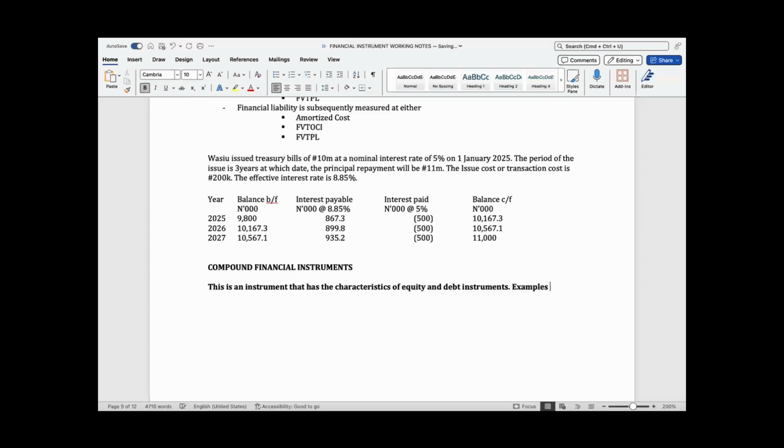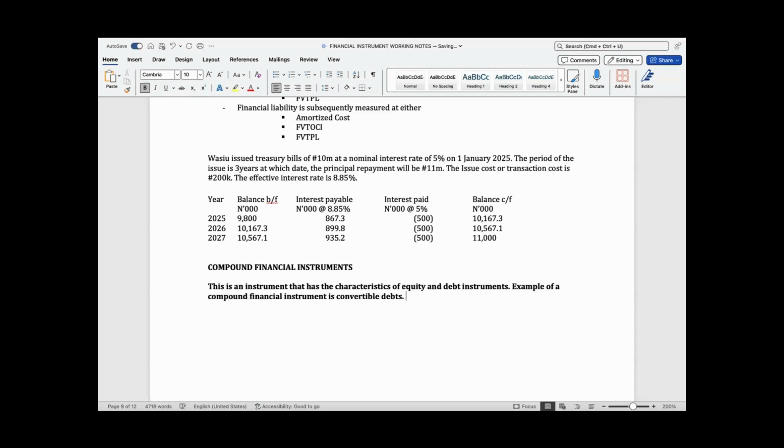And an example of a compound financial instrument is convertible debts.